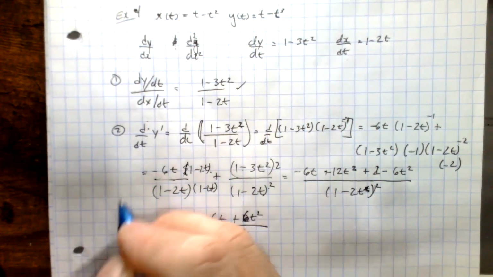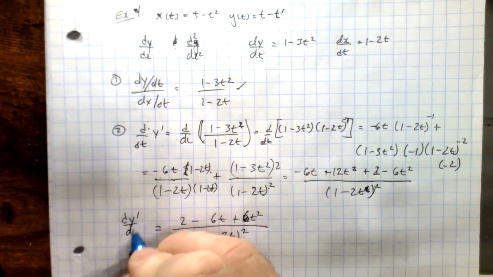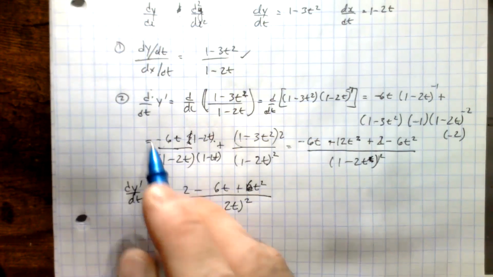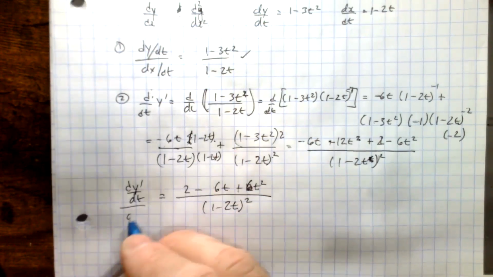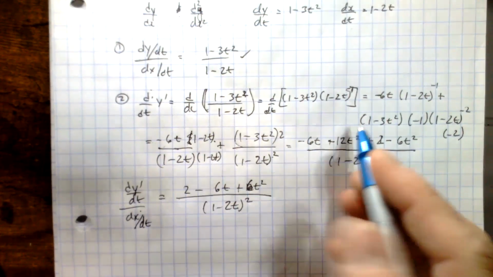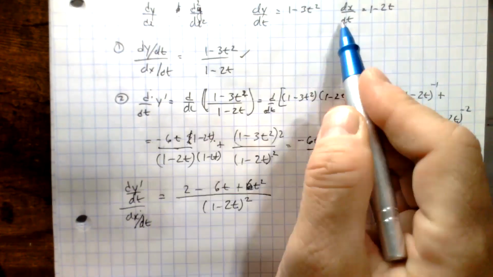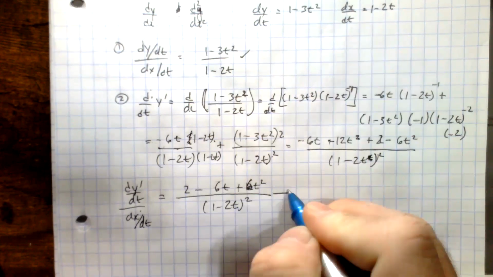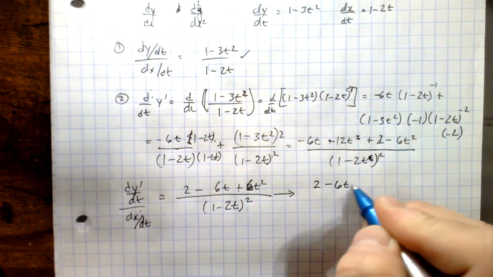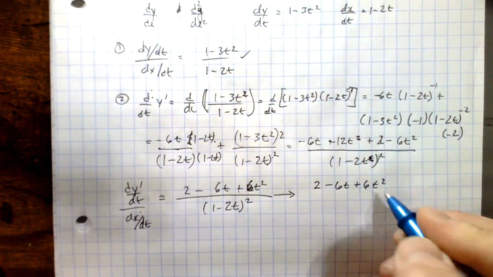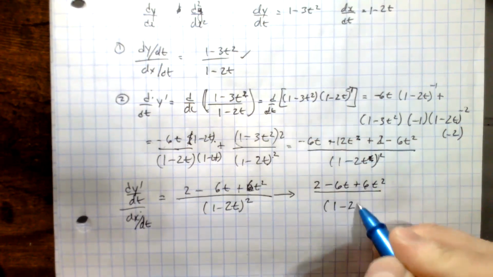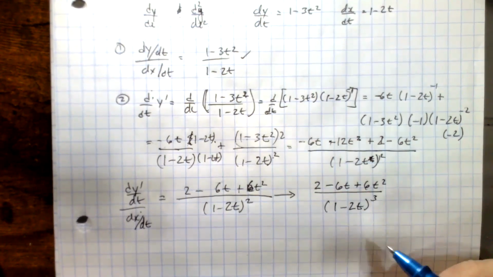So that's dy prime/dt. And finally, we're now going to divide this by dx/dt, which is just the result from up here. So that's going to change this to 2 minus 6t plus 6t squared all over 1 minus 2t quantity cubed.